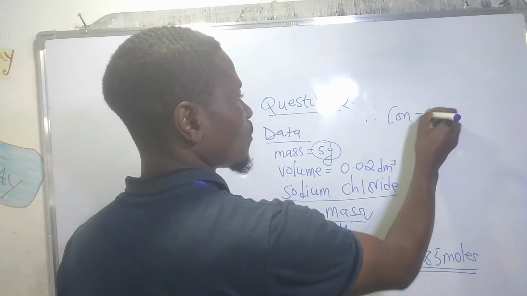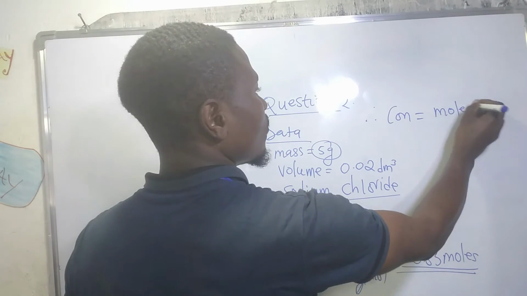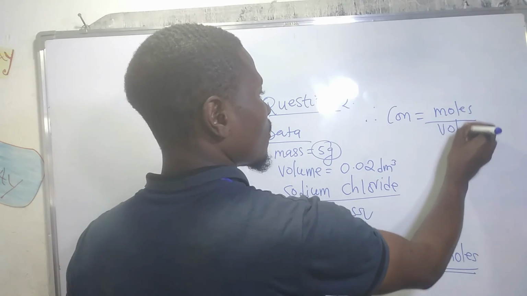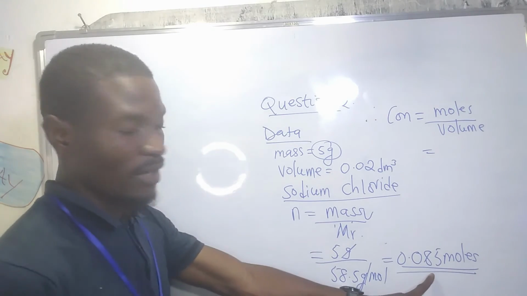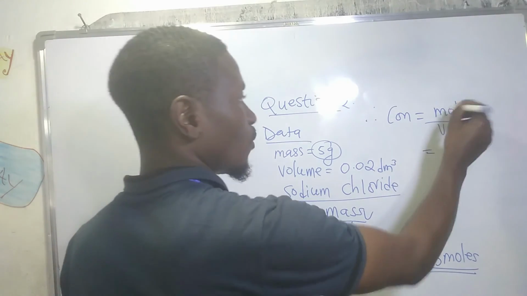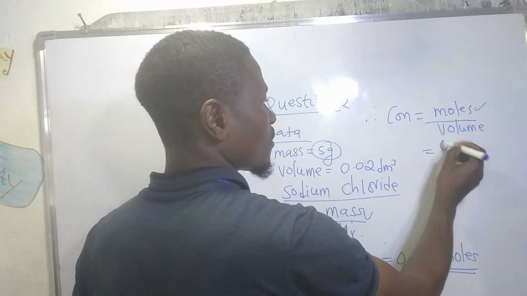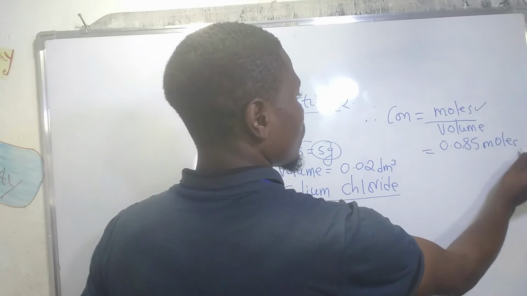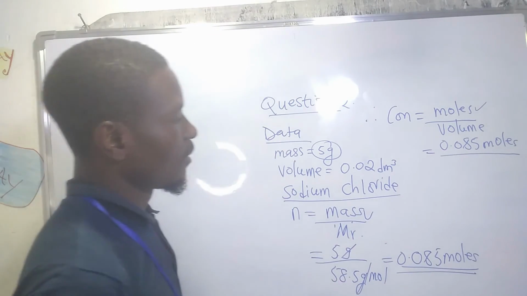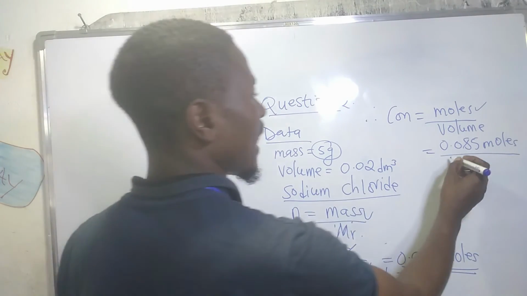Therefore, concentration equals moles. We have the number of moles, so we put there 0.085 over, what is the volume? 0.02.